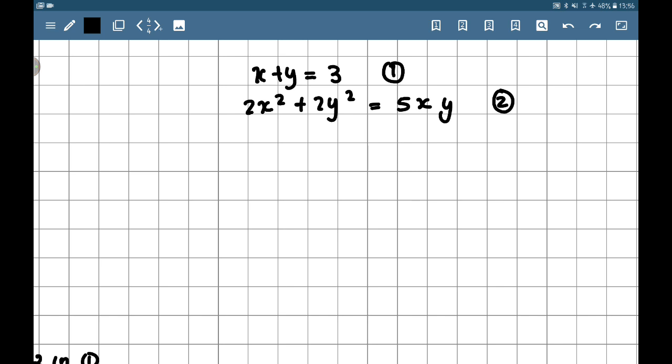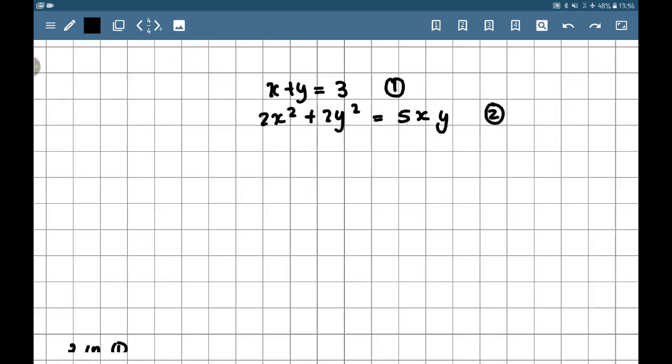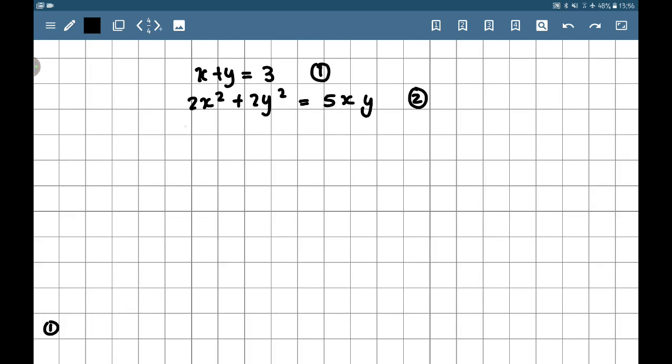Do you see that? Yeah. So when you work with this, you must first start with the linear equation. You take one variable and you make it the subject of the formula. Are we clear?